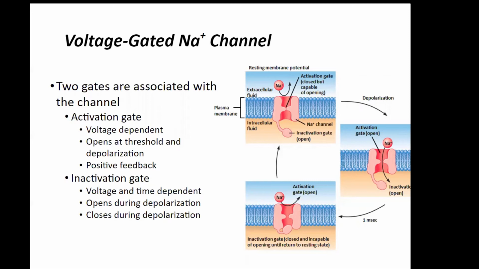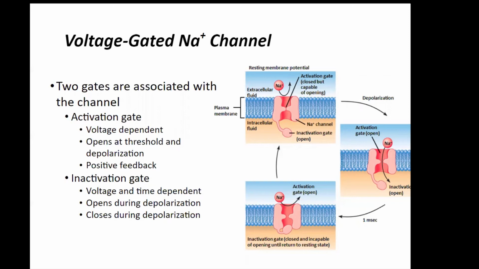So our inactivation gate, the other one, the one on the bottom, is slower. So it's responding to voltage, that change in depolarization, that threshold, but it's also responding to time. So it hears that signal. It knows that we hit -55, but it's just kind of slow. It doesn't catch up for a while.